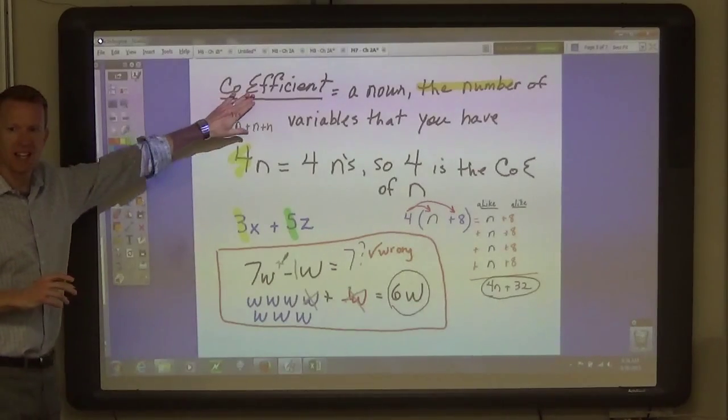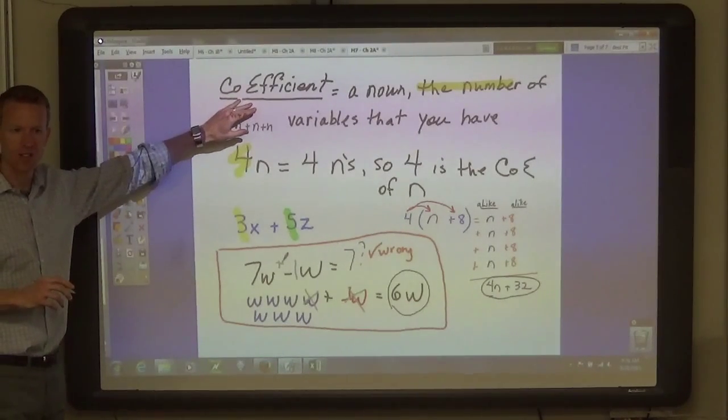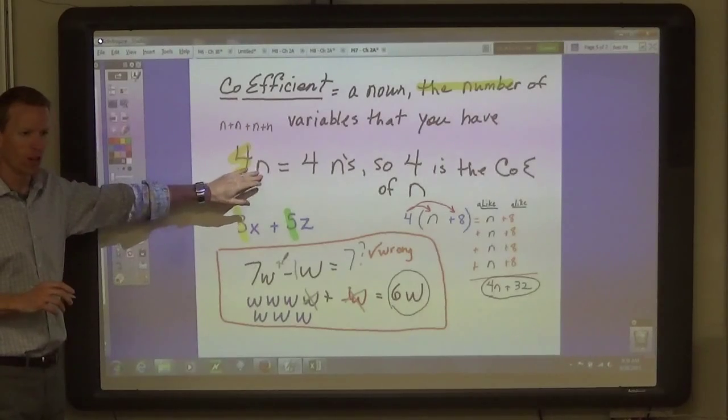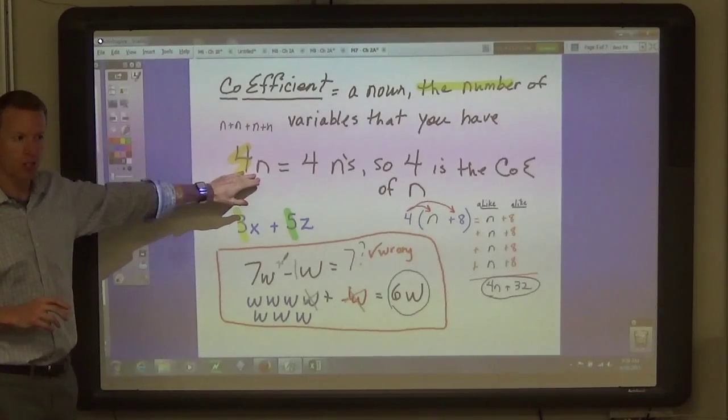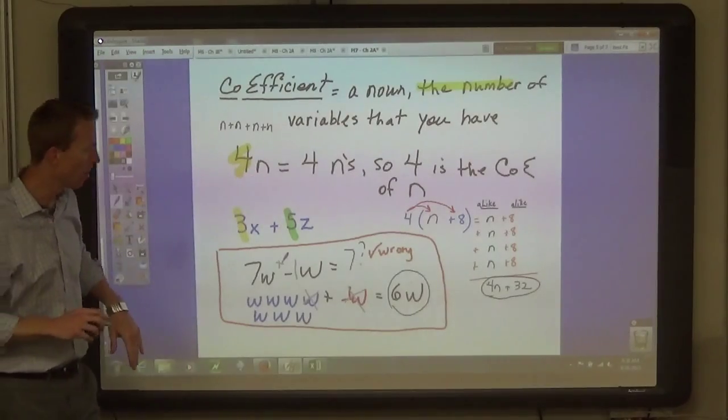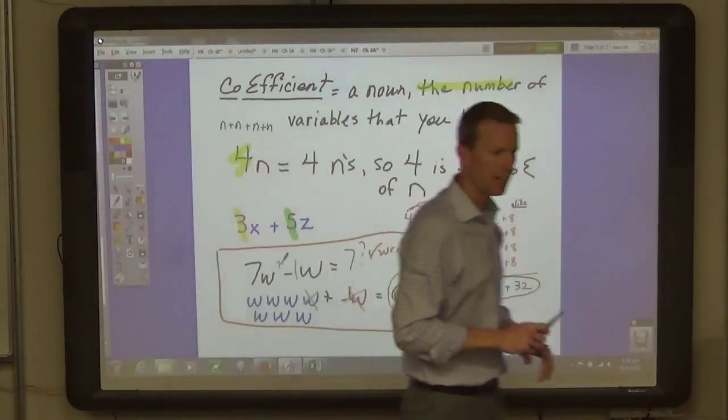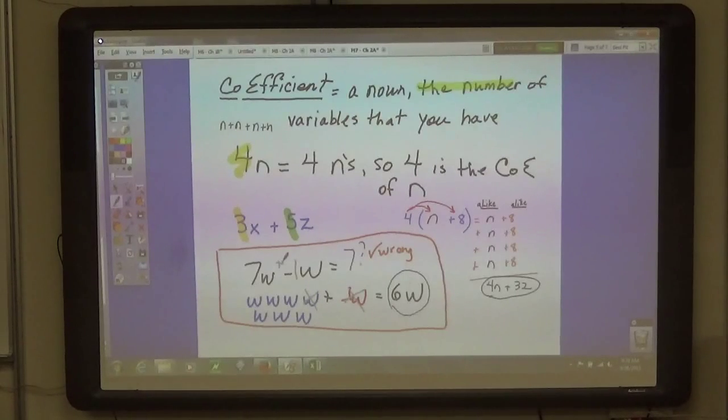Any questions on these terms? Coefficient, or what the coefficient means. It tells you how many of the variable there are. And then some examples of how we're going to use those. What can you add together, class? What can you add, Merlin?